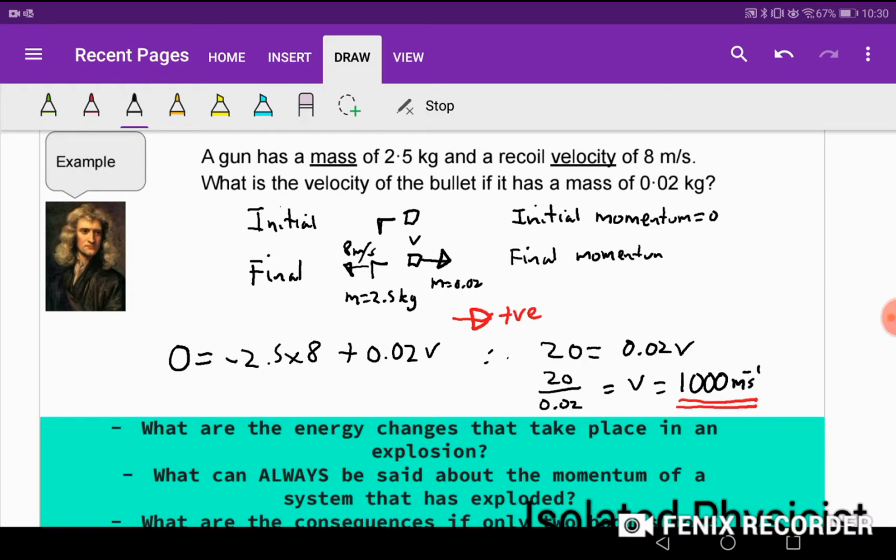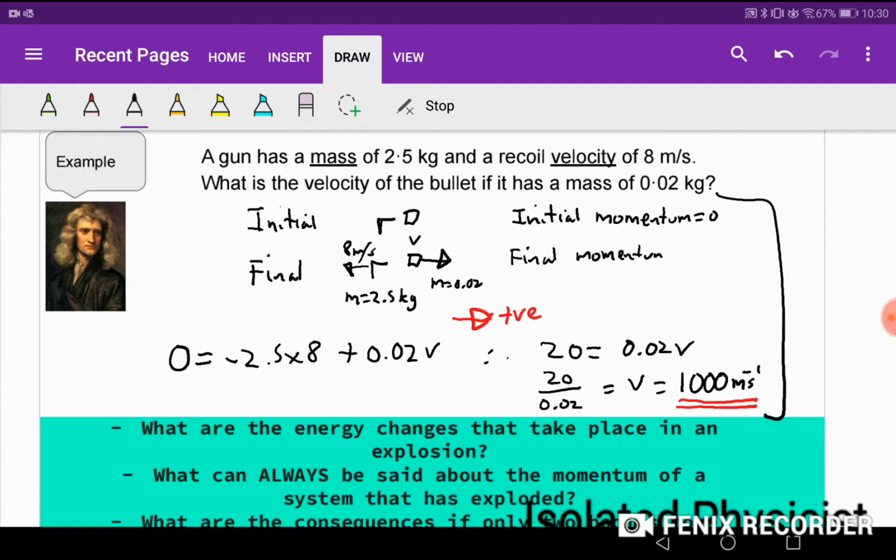I mean, some of you could have just seen that this is an explosion problem, so the momentum of the gun must be equal and opposite to the momentum of the bullet.